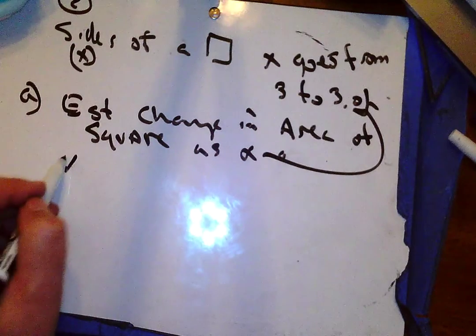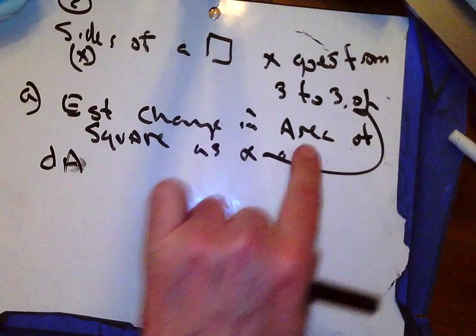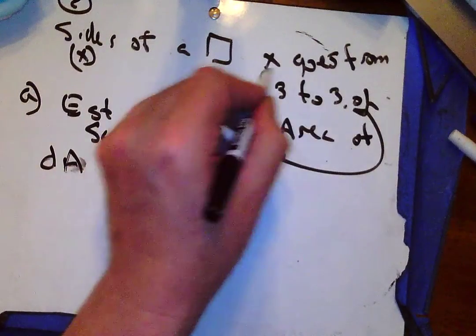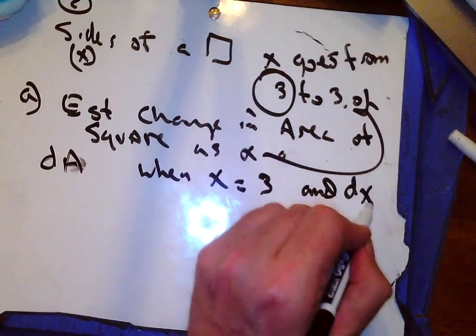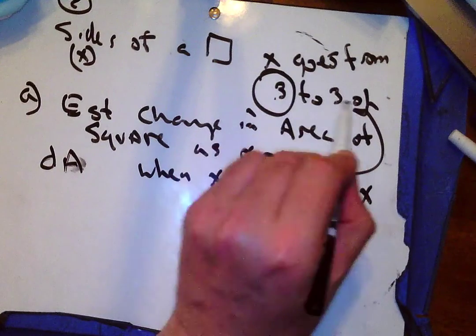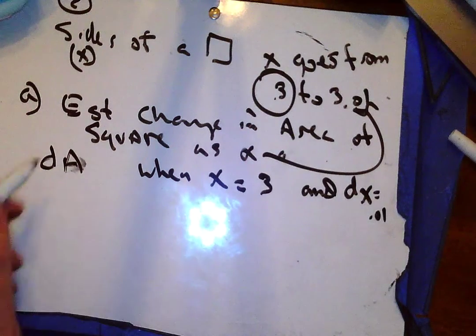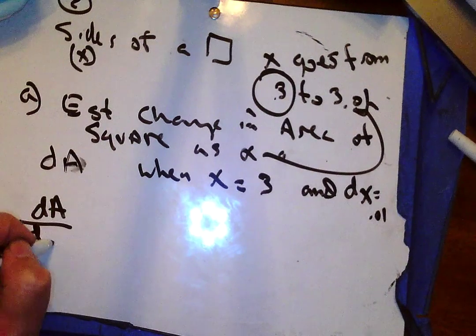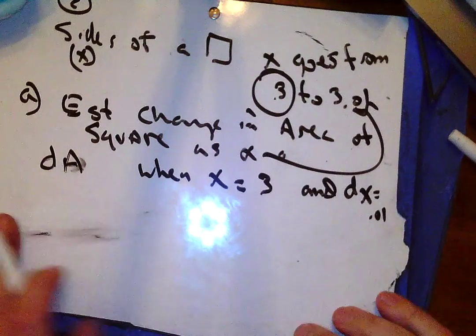So what I'm looking for is the estimated change in area when x equals 3, a nearby convenient place, and dx equals, what's the difference between these 2 points? 0.01. Okay, so remember, let's start fresh.